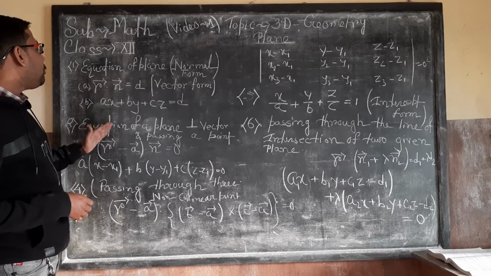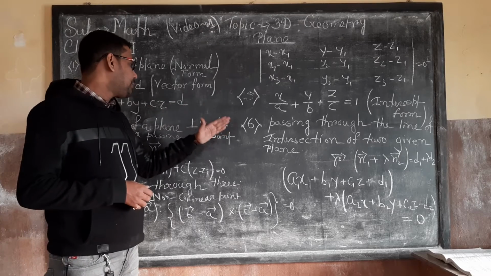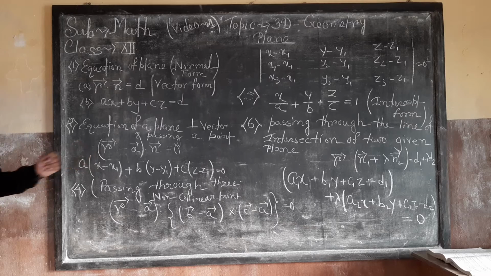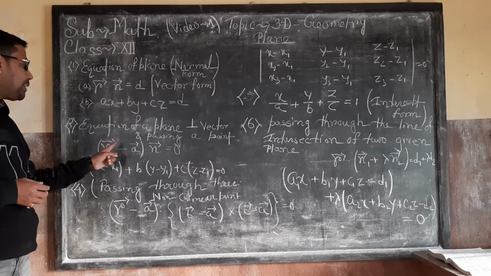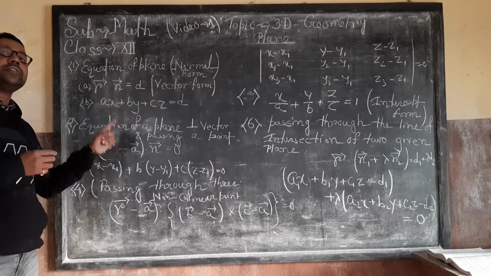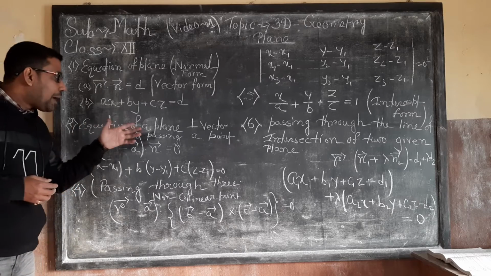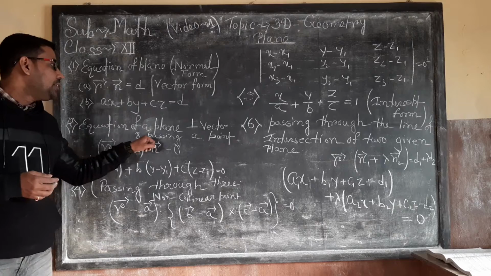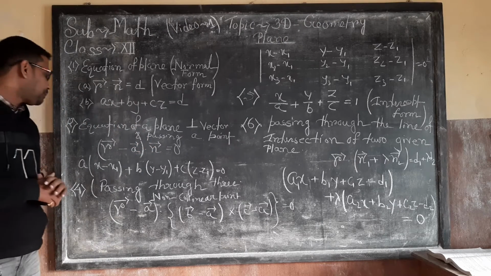Second one, the equation of a plane which is perpendicular to a vector and passing through a point. This time the equation is (r vector minus a vector) dot n vector equals 0. What is a? a is the position vector of the point through which the plane passes, and n is this perpendicular vector.